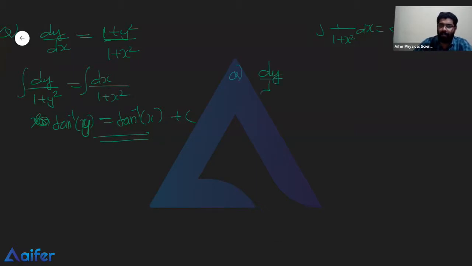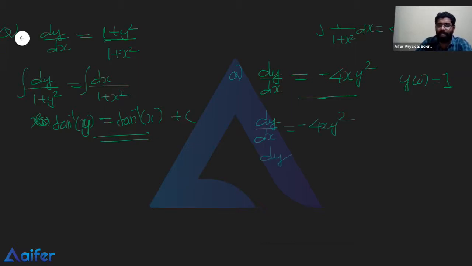dy by dx equal to minus 4x y square, and y of 0 equal to 1. So here a boundary condition is also given. You have seen that while solving a first order differential equation, we get one constant. So using this boundary condition, we can eliminate that constant. Our equation is dy by dx equal to minus 4x y square.